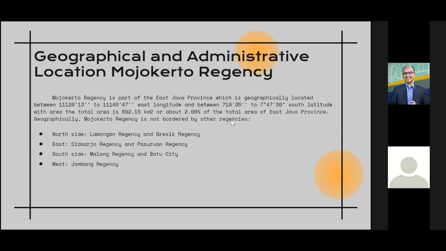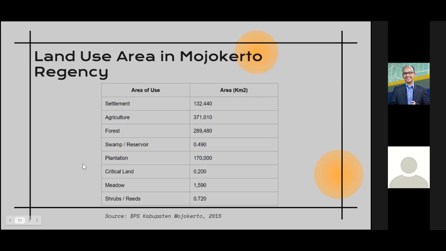Geographically, Mojokerto Regency is bordered on the north by Lamongan Regency and Gresik Regency, on the east by Sidoarjo Regency and Pasuruan Regency, on the south by Malang Regency and Batu City, and on the west by Jombang Regency. So for the land use area in Mojokerto Regency, here is the data.